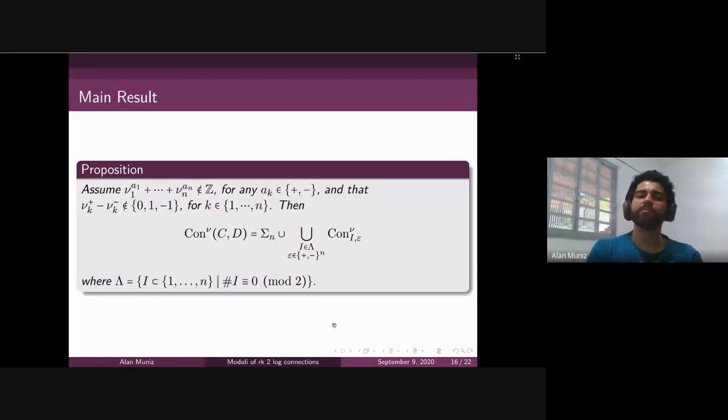So we are back to the main results. We have seen that we take these assumptions so that the whole moduli space is smooth, irreducible, quasi-projective.